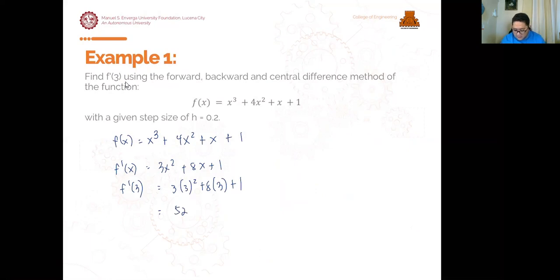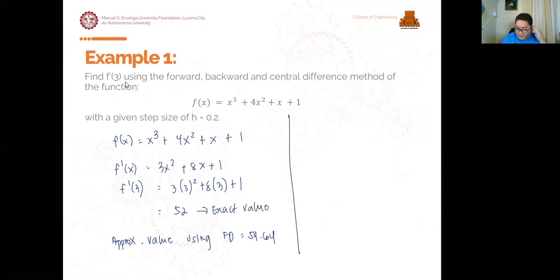Okay? So, if we compare, what we got using the forward difference is 54.64, and this is our exact value. What is our relative true error? Okay? Our relative true error is the true value minus the approximate value, all over the true value, times 100.